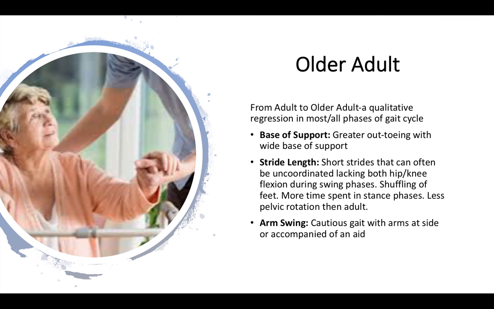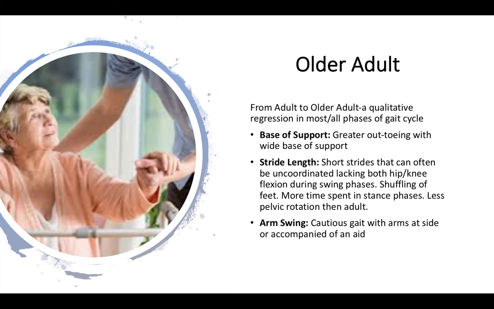Okay, moving on to older adults. So from adulthood to older adults, we see a qualitative regression in most cases of all phases of the gait cycle. So we begin to see with the base of support a greater toeing out and a wider base, as we saw with the toddler.